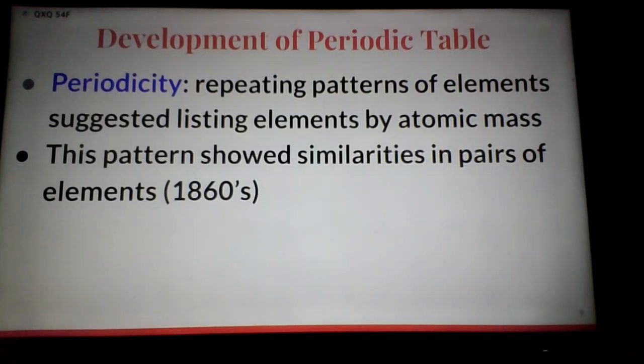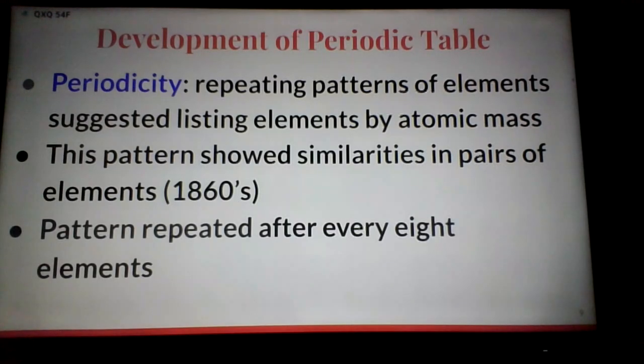The pattern showed similarities in the pairs of elements around the 1860s. The pattern repeated after every 8 elements. We started a brand new pattern. We mentioned energy levels last time. A new energy level formed.